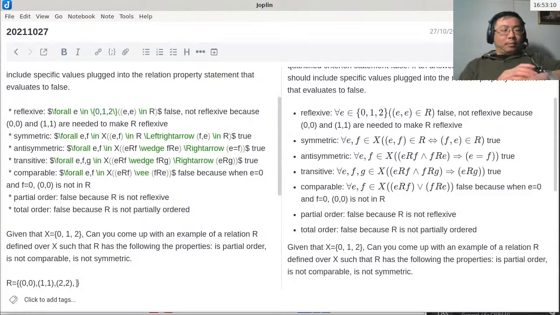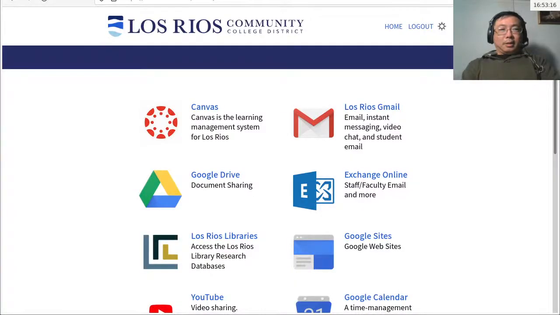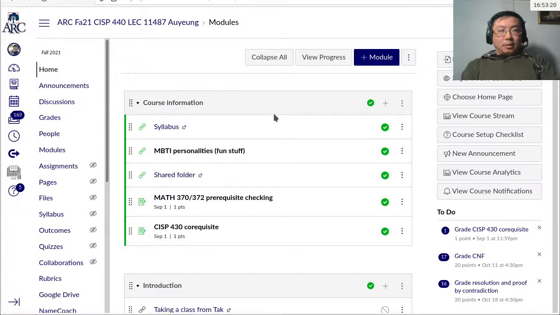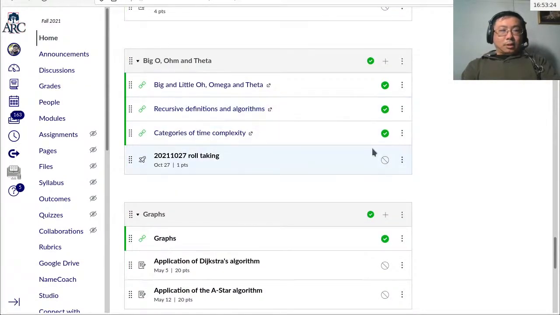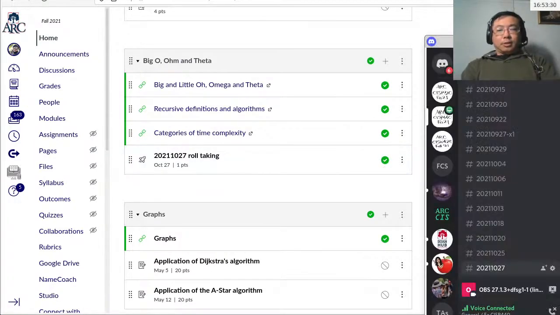Oh, my watch just buzzed me, so it's time to take roll. Yes, I am taking roll today. And let's see, today's roll taking activity is down here, and now it should be visible to you. And the roll taking word is simple, it is just exam 2. Yeah, I know, very anticlimactic, as you guys said.